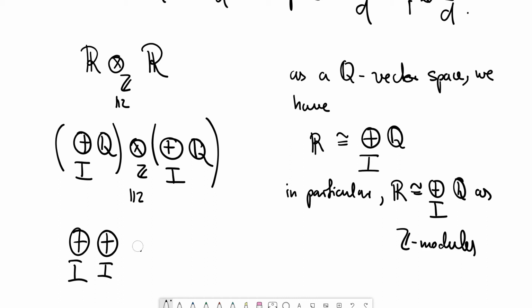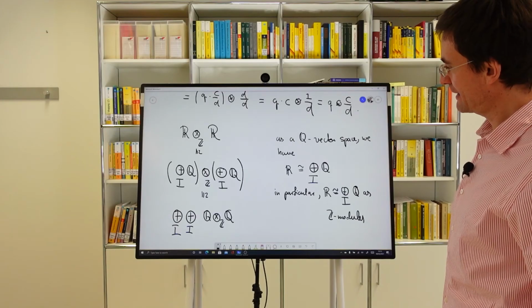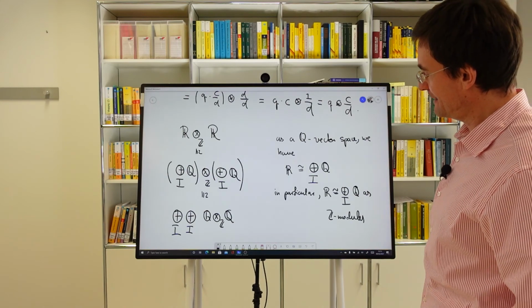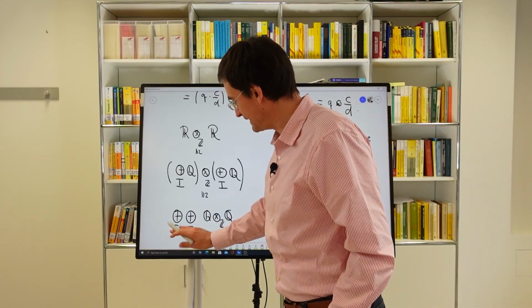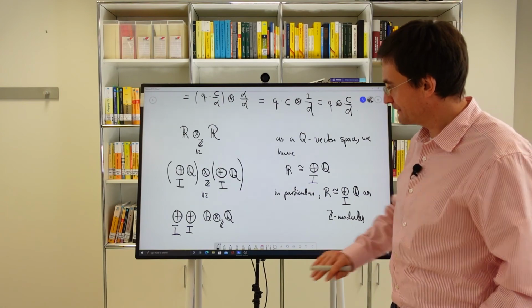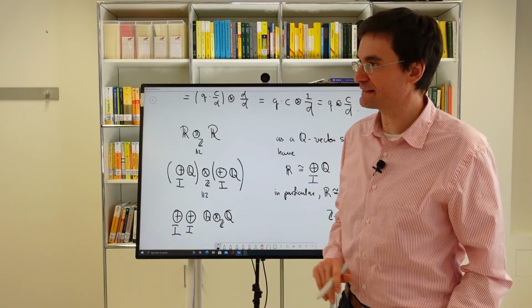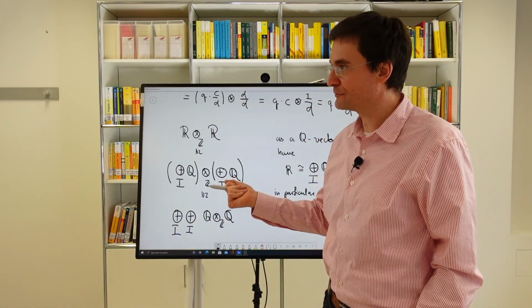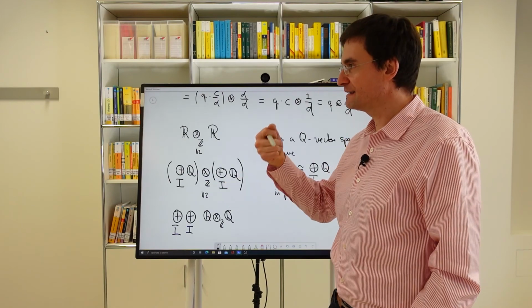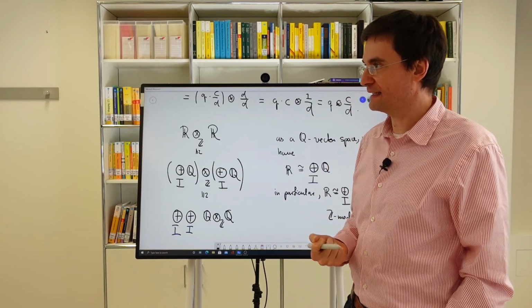What we then have is this. If you look at this double sum, I is an uncountable set. Now you have a sum over the index set I times I, if you want. It's still an uncountable set of the same cardinality as I.